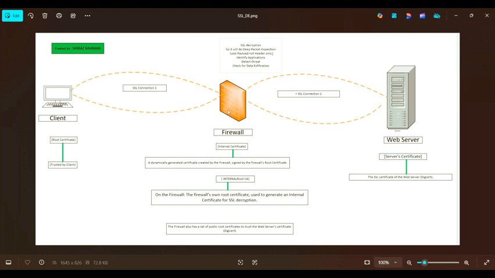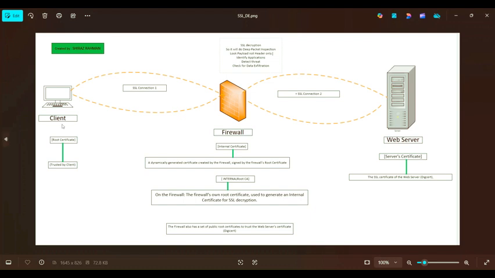So the firewall, or any other device which sits between the client and the web server, will have two SSL connections instead of one. The client will always assume that the firewall is the web server, and the firewall tries to fake itself as a server, like a bank server or a Google server or an e-commerce server.